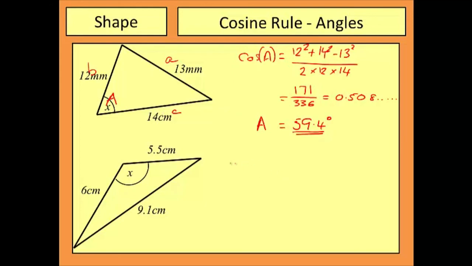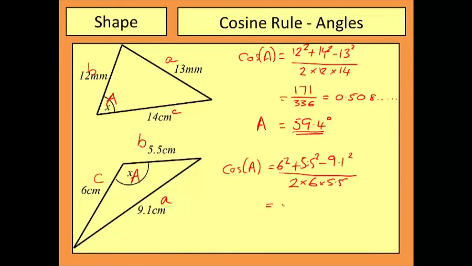In the second example, again I'm going to label everything up. So I've got angle A opposite side A, and then let's call these B and C. This tells me that the cosine of my missing angle A is equal to 6 squared plus 5.5 squared minus 9.1 squared divided by 2 times 6 times 5.5.